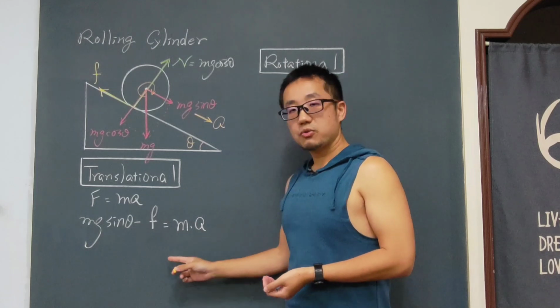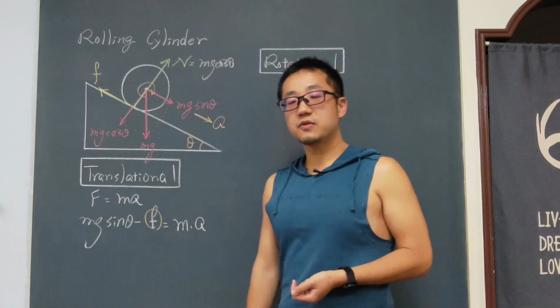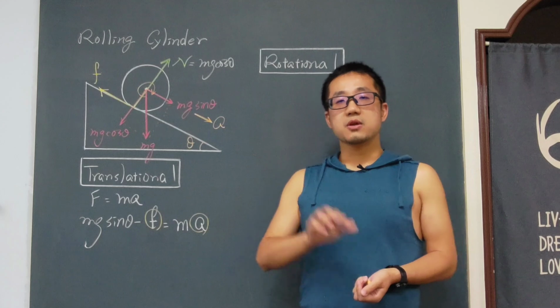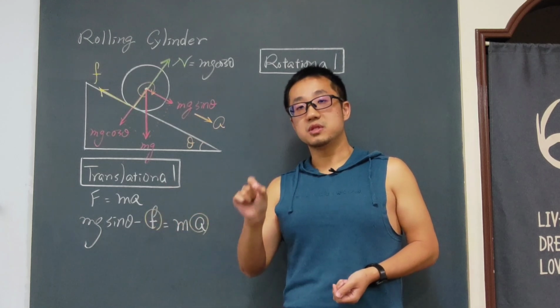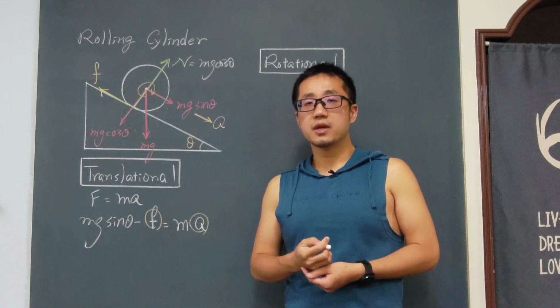But at this stage, what we don't know is the size of the friction and the value of the acceleration. And your math teacher tells you that there's no way to solve for these two variables with simply one equation, so I need another equation.